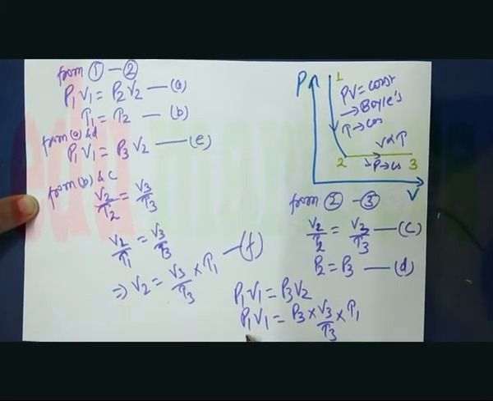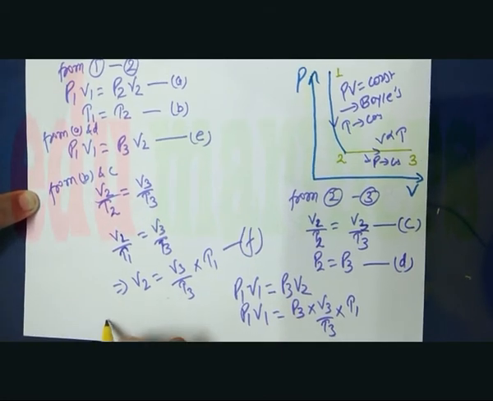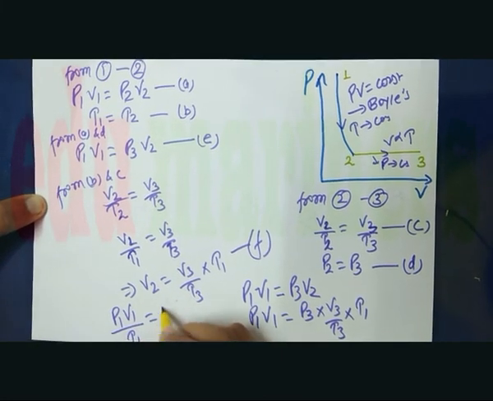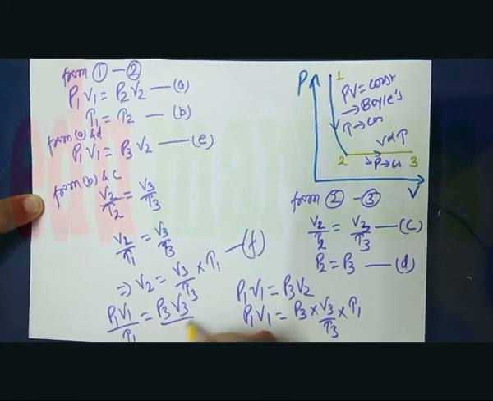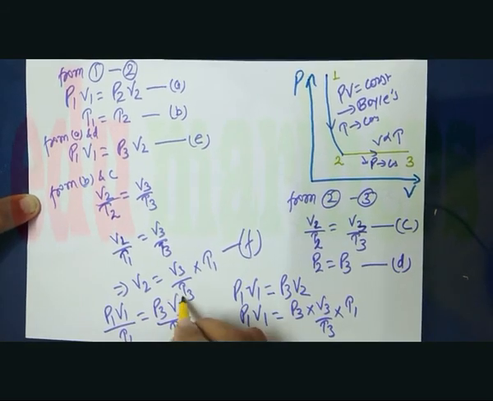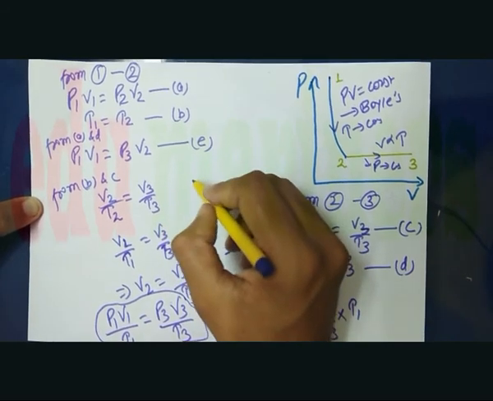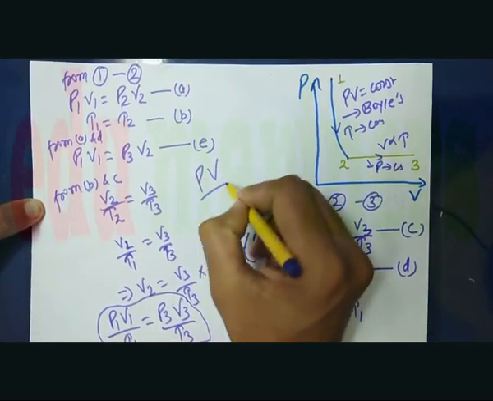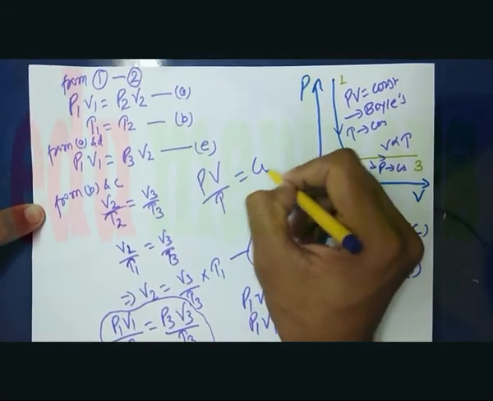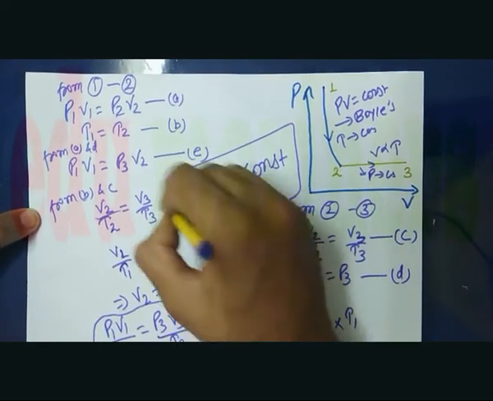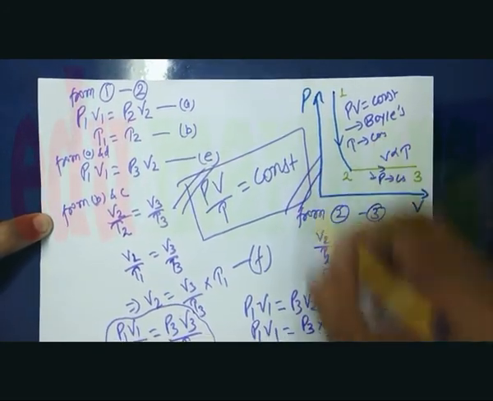If we bring this T1 here, we can rewrite it as P1 V1 by T1 is equal to P3 V3 by T3. So this is the generalized gas equation. That is, we can rewrite this equation as PV by T is equal to constant. This is the generalized gas equation which follows both Boyle's law and Charles' law.